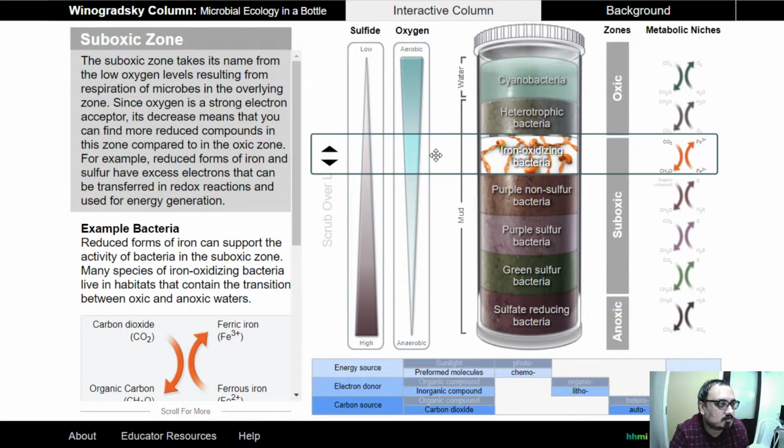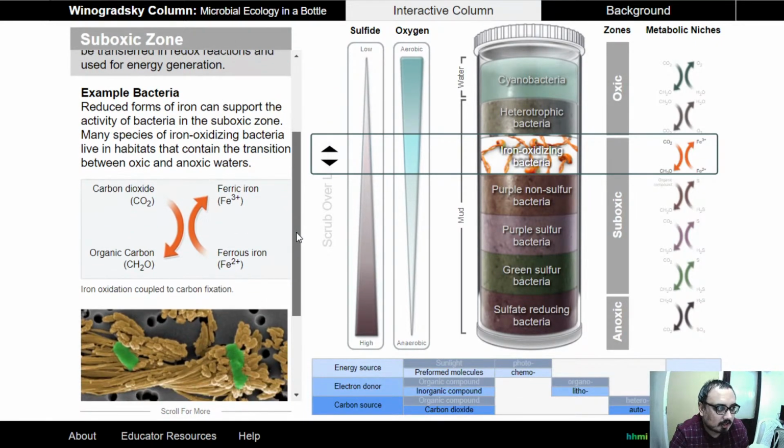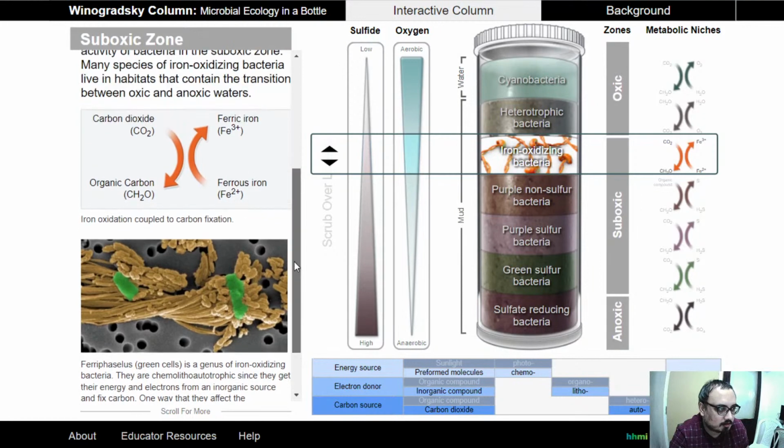As the level of oxygen decreases, and since oxygen is a strong electron acceptor, a decrease means that you can find more reduced compounds in this zone compared to the oxic zone. For example, reduced forms of iron and sulfur have excess electrons that can be transferred in redox reactions.